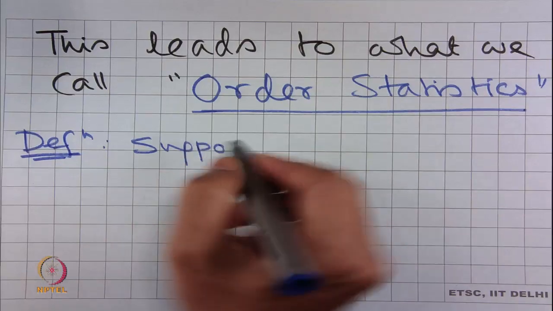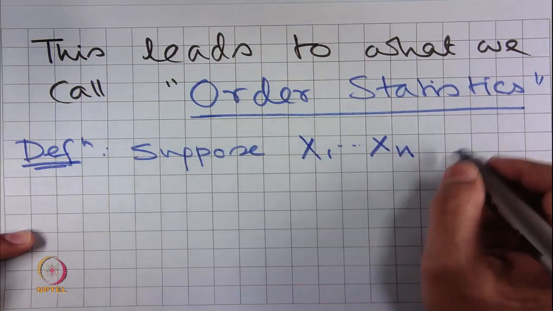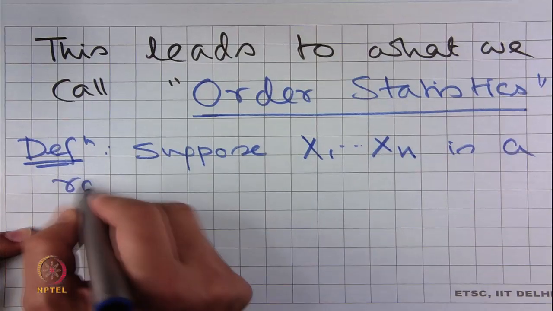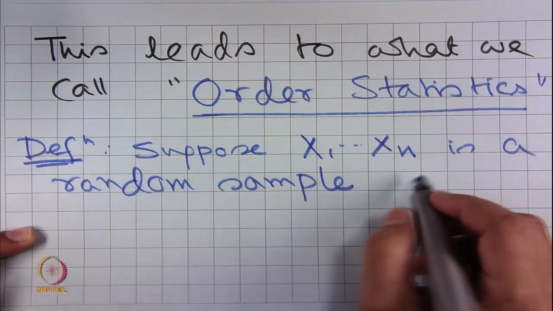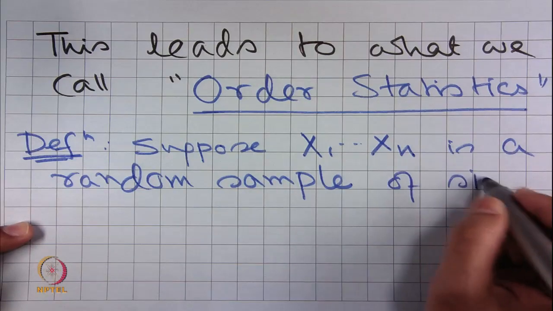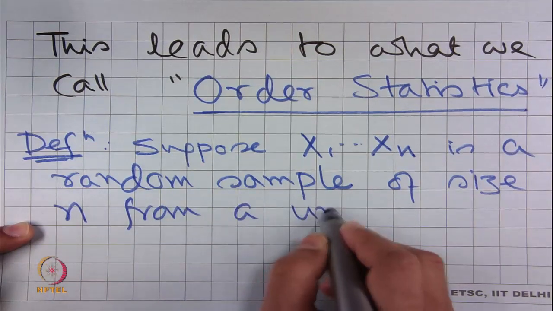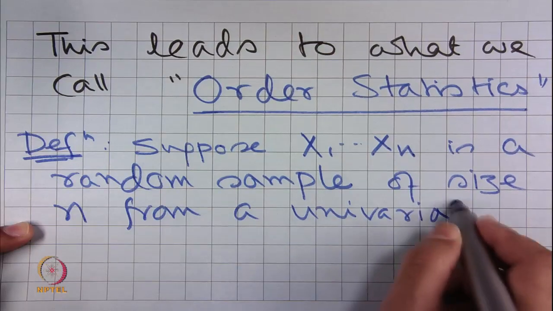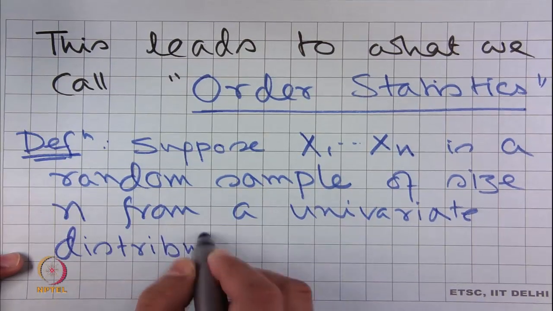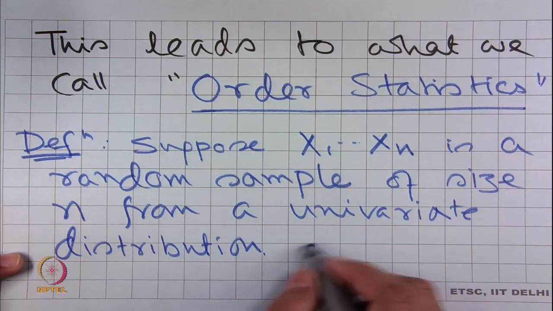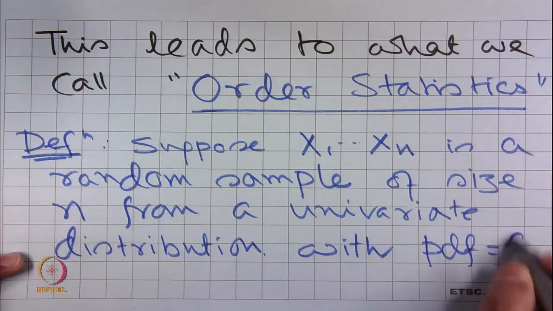Suppose x 1, x 2, x n is a random sample of size n from a univariate distribution with PDF equal to f x.